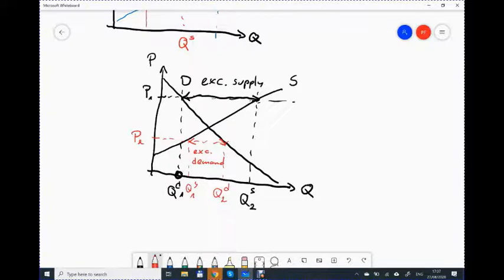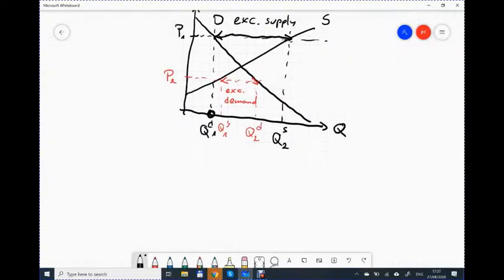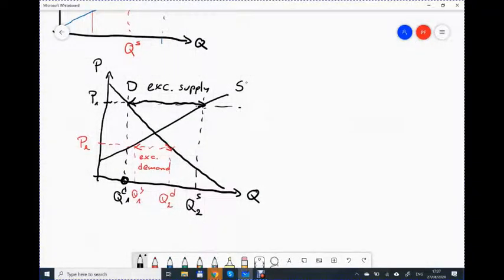These situations are disequilibria. So when any of these situations happen, then there is no equilibrium in the market. Disequilibrium is the singular and disequilibria is the plural.